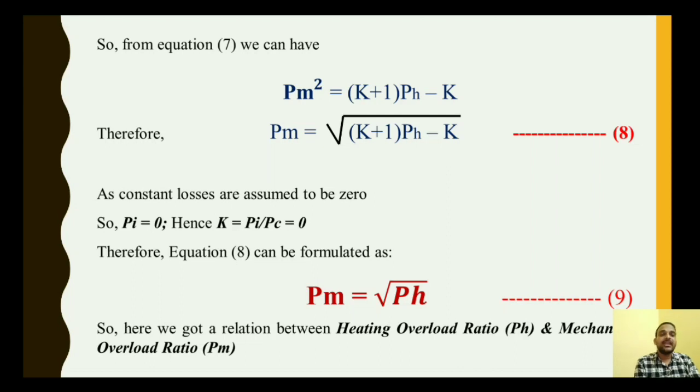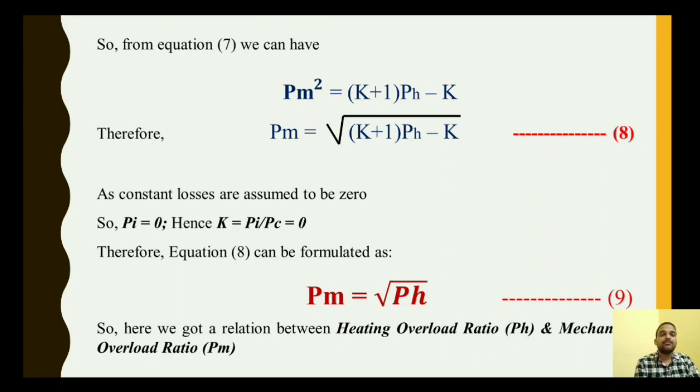So equation 8 can be formulated as Pm equals under root of (0 plus 1) into (Ph minus 0). Why 0? Because k equals 0. Why again 0? Because we have considered Pi equals 0. The iron losses, that is the constant losses, are assumed to be 0. Always keep in mind while deriving any derivation, you have to consider these considerations.